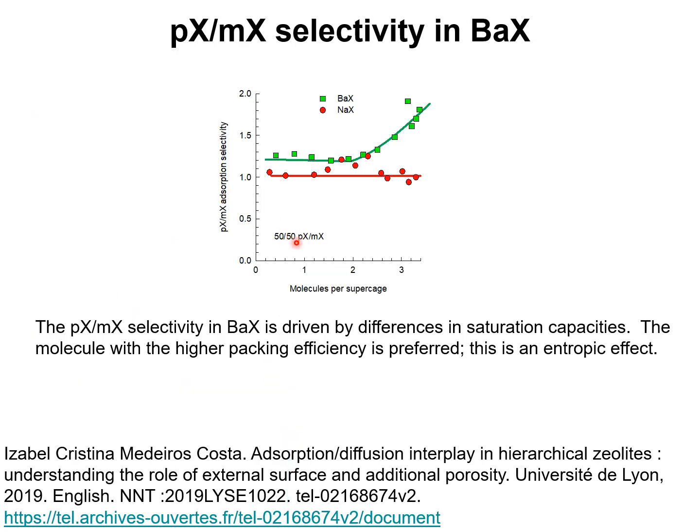For 50-50 mixtures of para-xylene and meta-xylene, experimental data on the selectivity of para-xylene with respect to meta-xylene is plotted here as a function of the number of molecules per supercage. This x-axis also relates to the pore occupancy.